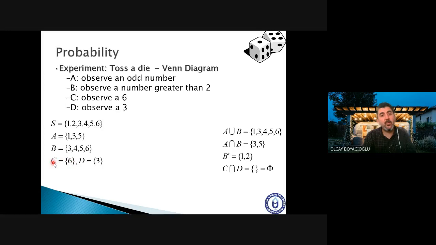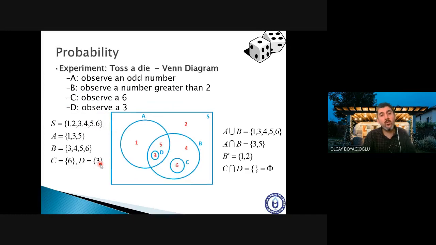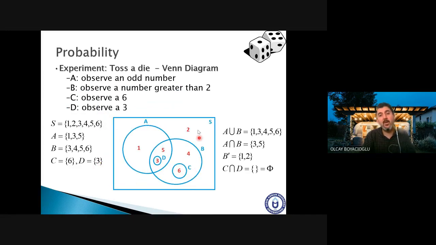And C for the 6 and D for the 3. If you try to show all of them in one Venn diagram, this is what you would observe, something like that. Sample space outside, all the values 1, 2, 3, 4, 5, 6, written only once.